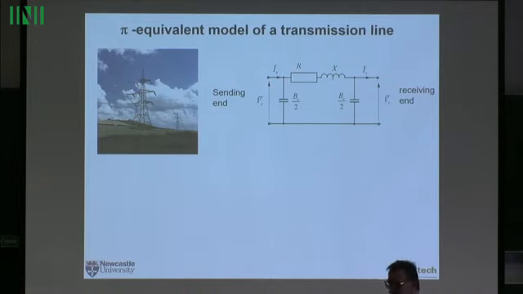And that inductive effect is a magnetic field, and the magnetic field is due to the current. That's why inductance, which is that thing over here, is in series. Because the stronger the current I flowing through that line, the stronger the magnetic effect. So that's why for transmission lines we model inductance in series with the resistance.